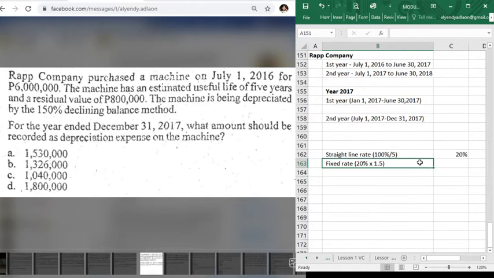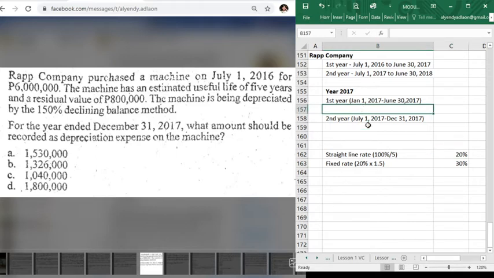Class, if this is double declining, times 2, diba? Kay, double man. Pero kani, 150% declining, so times 1.5. So, pila ka na siya? 20% times 1.5, then we have 30%. Okay, so 30% ang ato ang gamiton in computing for the depreciation. Okay, so balik na ta diri, no?